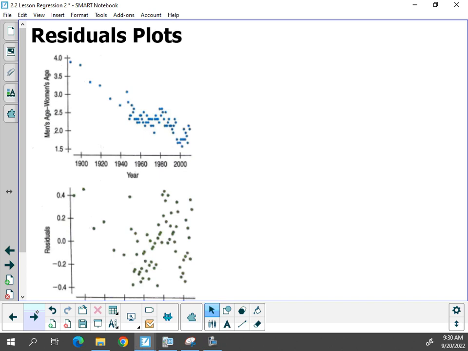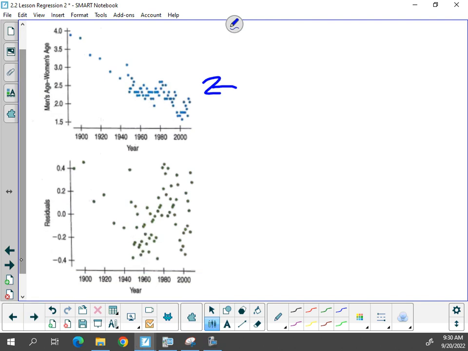And so we can do that for every data point. We can find a residual for each data point, and then we can plot those residuals. So in this first scatter plot, we plotted the year versus the difference in the men's and women's age. I believe it was for marriage. And so then we went and calculated the residuals, and we plotted those residuals against the original explanatory variable, and we get a different scatter plot.